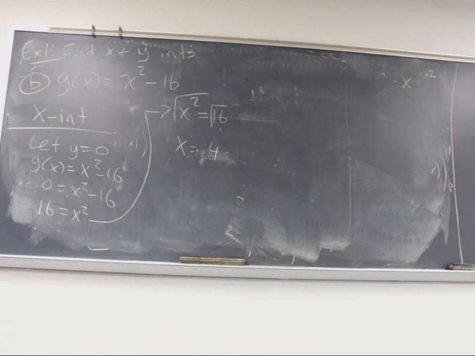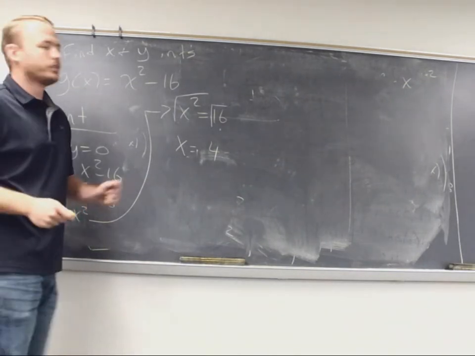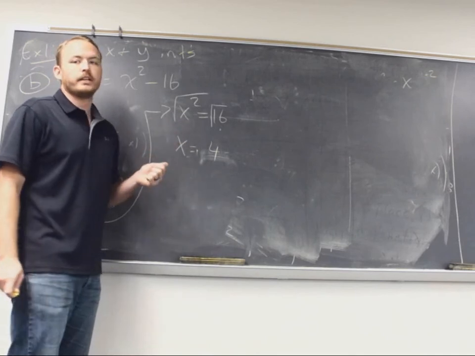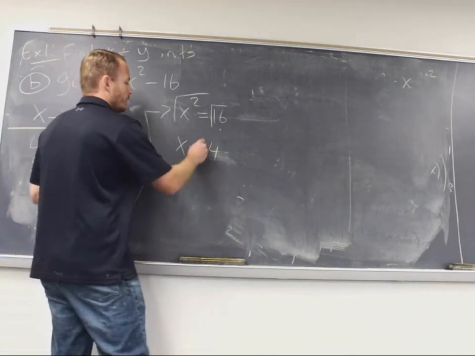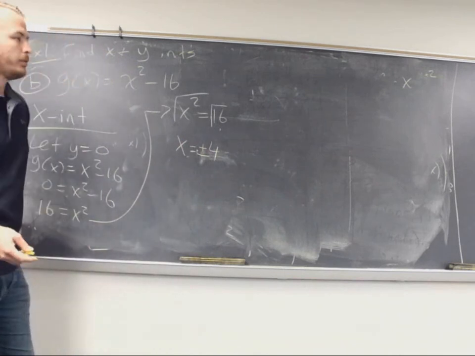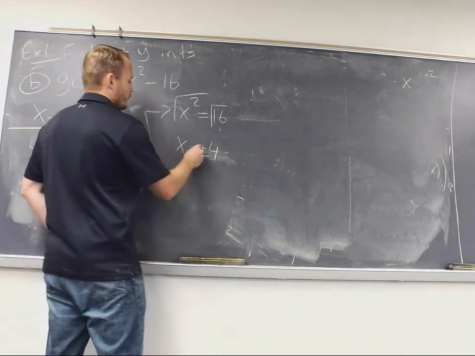I made a tiny little mistake that I forgot. Do you know what that mistake is? All right, you have to be careful. When you introduce a square root, like we did here, you have to account for the plus and the minus of that number. So we have to account for the plus and minus of 4.